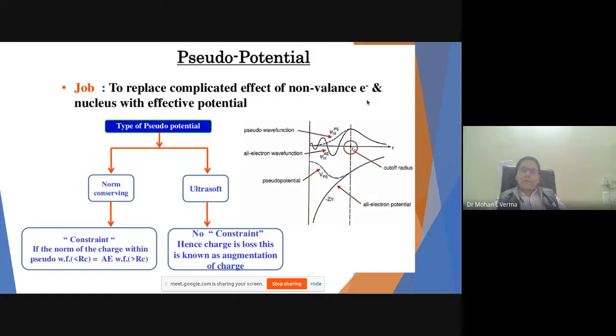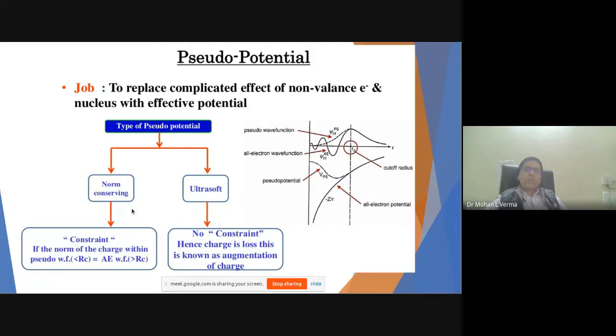Generally we mention that the electronic properties are periodic functions of valence electrons, but we also consider non-valence electrons, since the effect of the nucleus also matters, and the combination of these two as an effective potential we use in the pseudo potential.